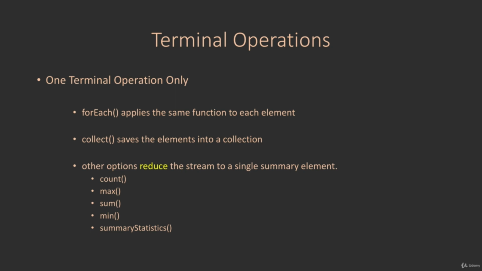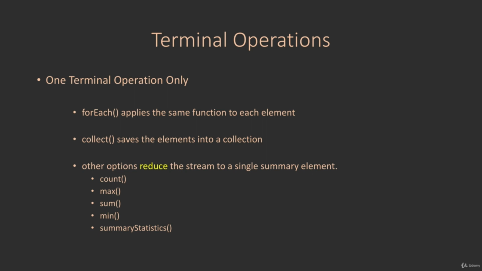And there are some other operations that reduce the stream to a single summary element. You can get the mean, min, max, all of that stuff using summary statistics, count, and sum. All of these basically give a single value, and that is typically referred to as reducing the set of data to a single value. Or it could be no value. Terminal operations can also return void.